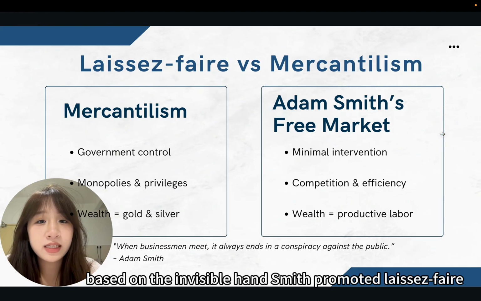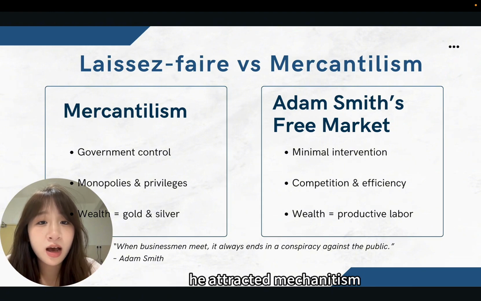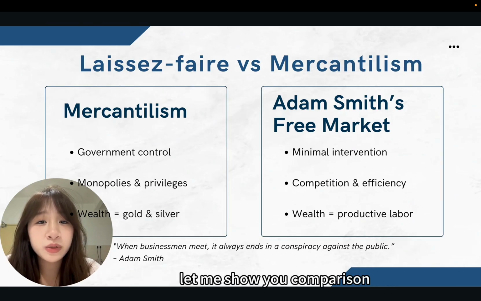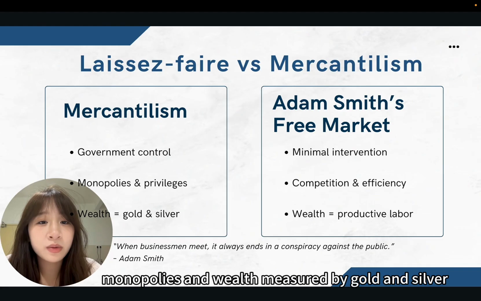Based on the invisible hand, Smith promoted laissez-faire, meaning limited government interference. He attacked mercantilism, a system where governments granted privileges and restricted trade. Let me show you a comparison. Mercantilism emphasized government control, monopolies, and wealth measured by gold and silver.